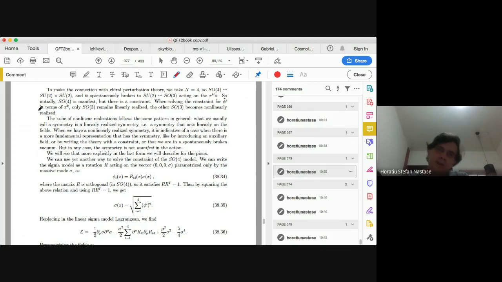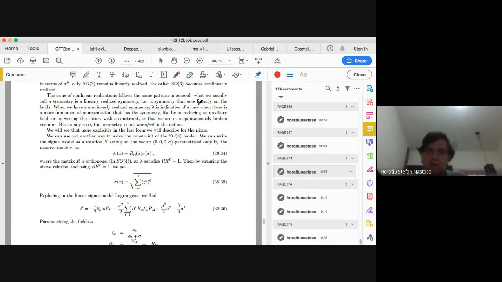So we start with SO4 initially manifest, but then there's a constraint. Solving the constraint, we get a Lagrangian in terms of the pions with only manifest SO3, while the other SO3 is nonlinearly realized.